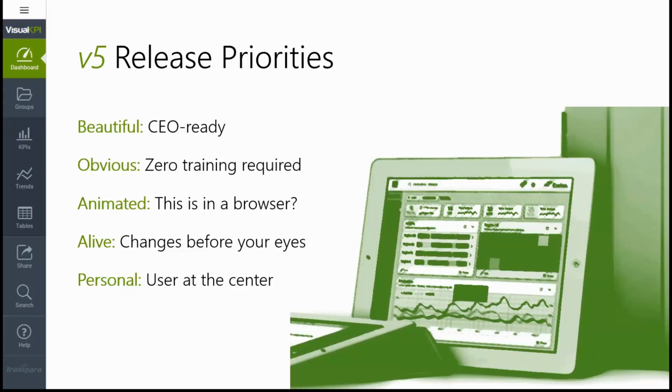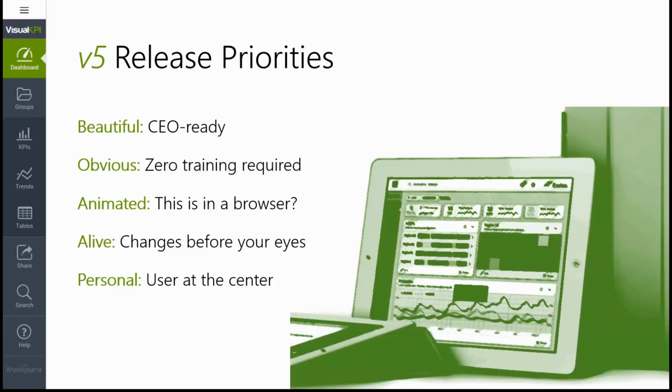So in the previous versions of Visual KPI, we had live trends, where you could just sit and watch a trend, and as the data updated in the data source behind it, it would update on the screen in front of you. And now the entire application is like that. So when a KPI changes status or some other measure changes, right without you touching or ever refreshing a page, it's just going to change before your eyes.